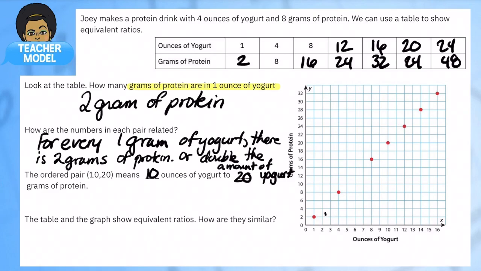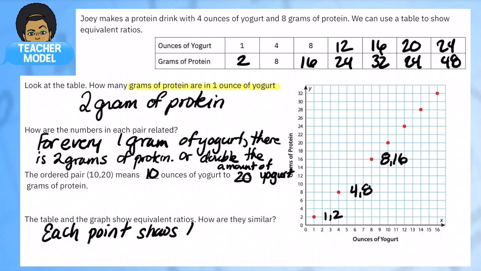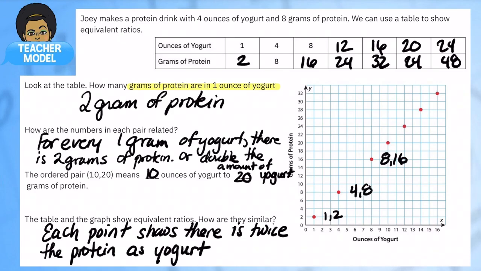Well, each of these points has the same relationship we talked about, where each point shows there is twice the protein as yogurt. We can see it very, very clearly just on our chart here from every single point.